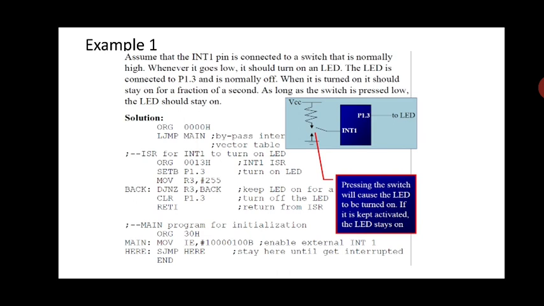In the ISR INT1, after this ORG, LJMP main means the program will go to the location main. In main, I set the IE register, and I hope you can see I gave it binary values.